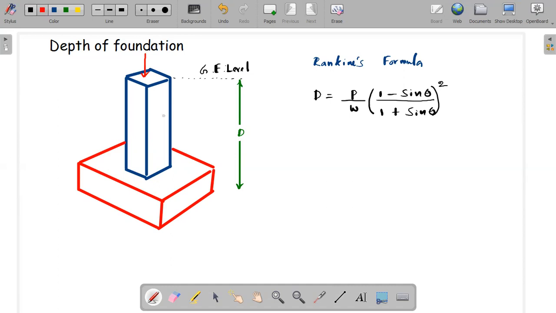But if you are a civil engineering student, or if you do your own works, then you have to find these structural loads also. I will explain those things in another video. P is the total structural load that is acting on the foundation. That is what we call P.